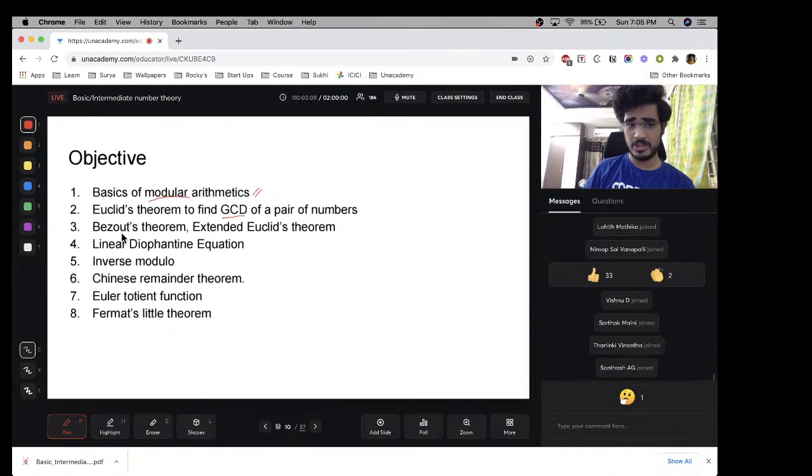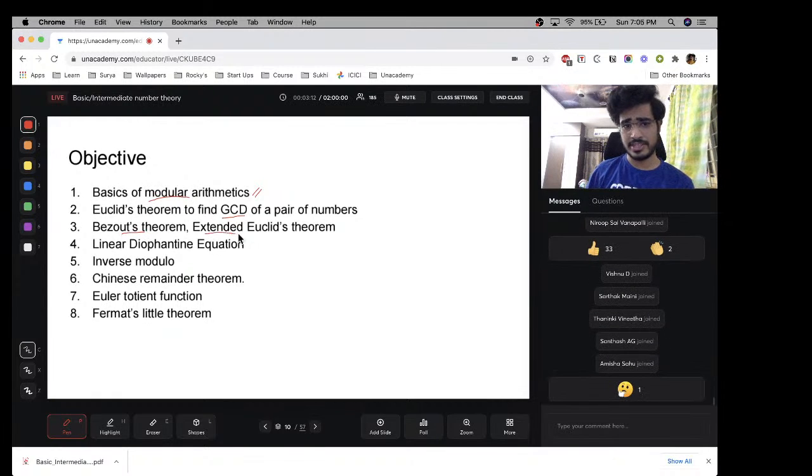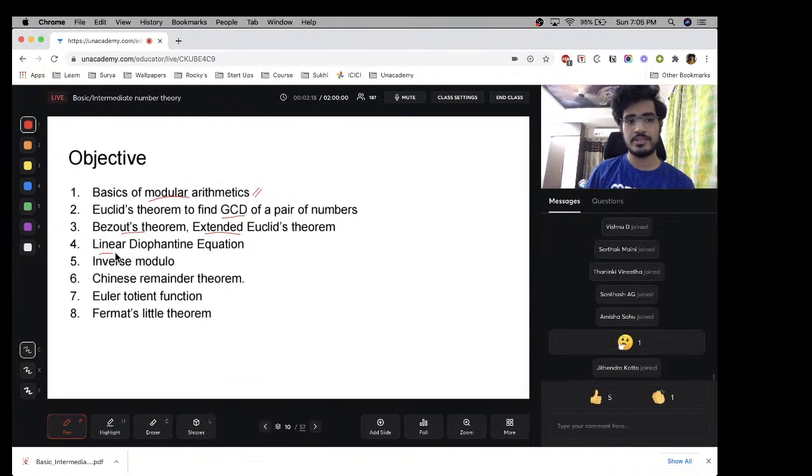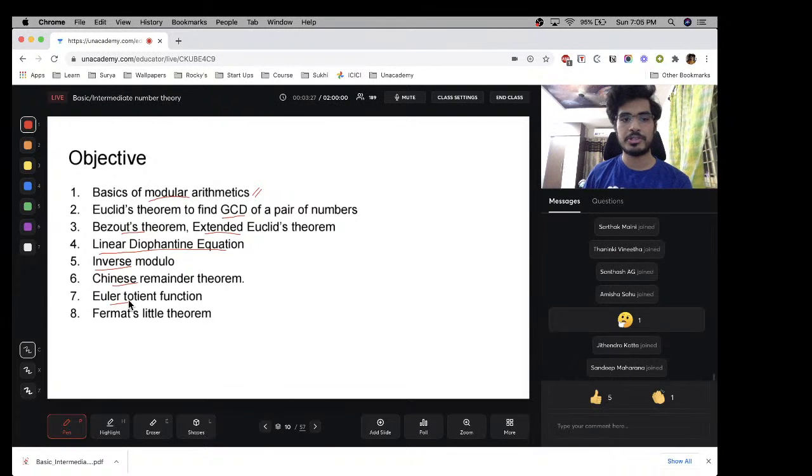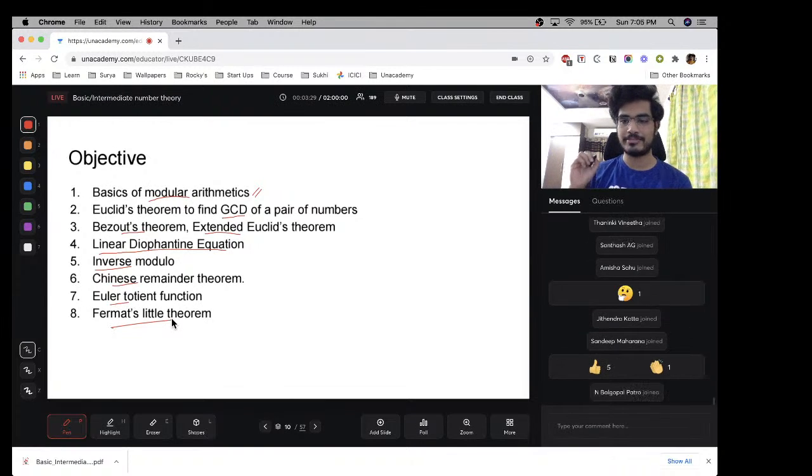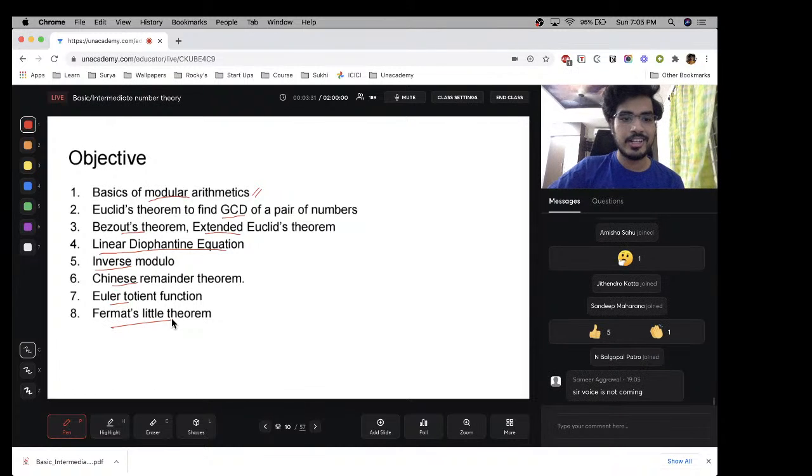We are also going to look at some Bezout's theorem, extended Euclid's algorithm. We are also going to learn about linear Diophantine equations. We are also going to learn about inverse modulo, Chinese remainder theorem, Euler totient function, and Fermat's theorem. So let's go one by one.